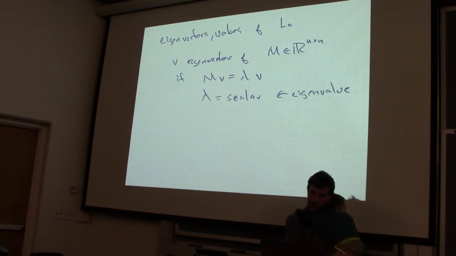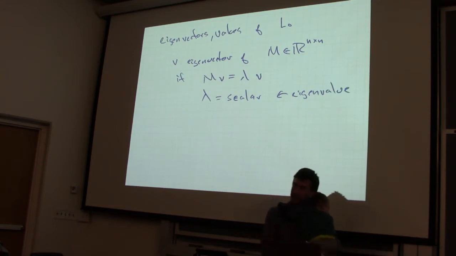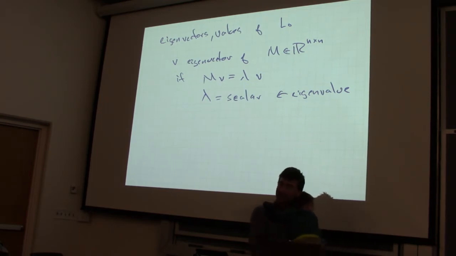What's happening is I can multiply the matrix by a vector, and I get back essentially the same vector up to a scale factor.